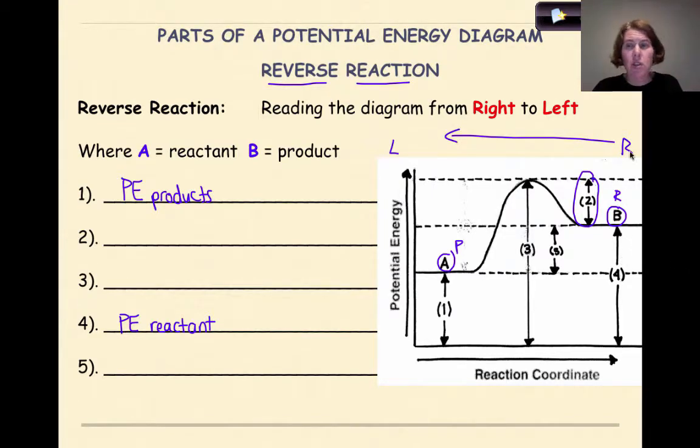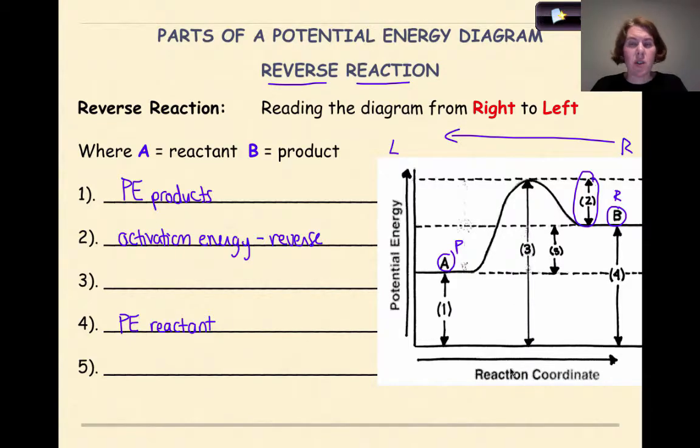If we were to look at this going from right to left, 2 would be our activation energy. Let's put a little note here, reverse, just in case you look at this again and wonder why she called that the activation energy of the reverse. It's because we are going in reverse, from right to left.